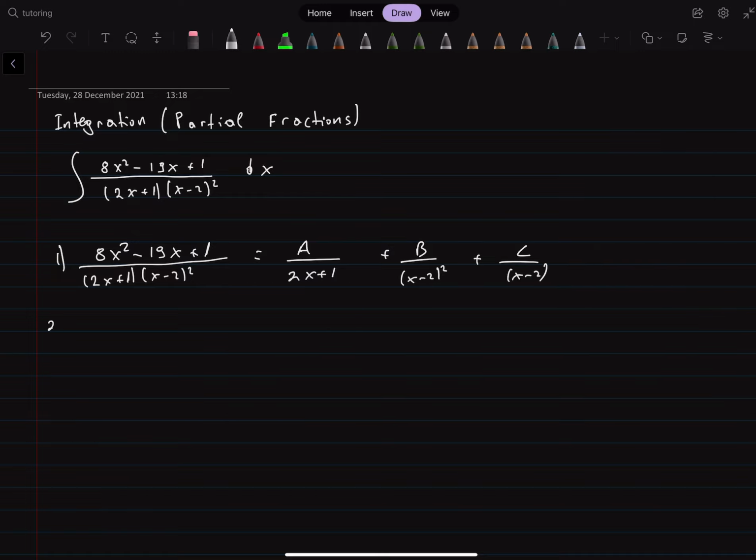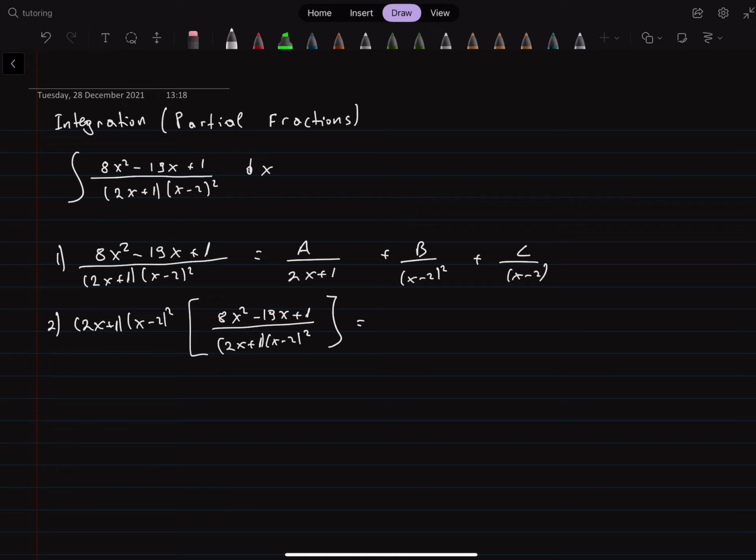If you watched the previous video, the second procedure is we multiply both sides by (2x + 1)(x − 2)². So we would have (2x + 1)(x − 2)², and we open a bracket, (8x² − 19x + 1) over (2x + 1)(x − 2)².